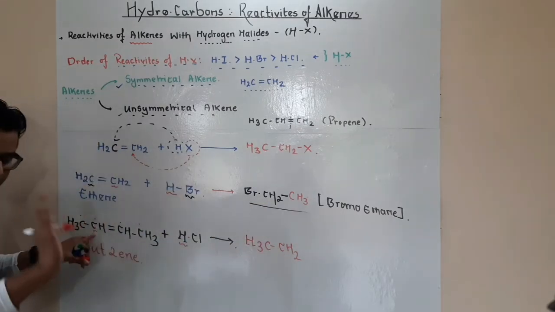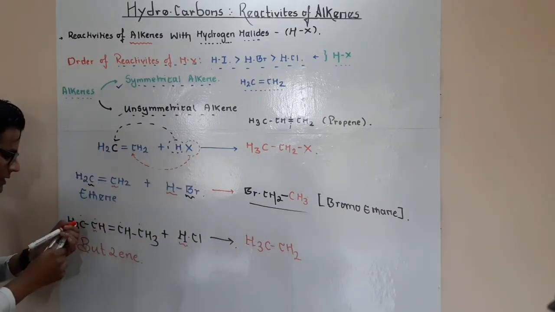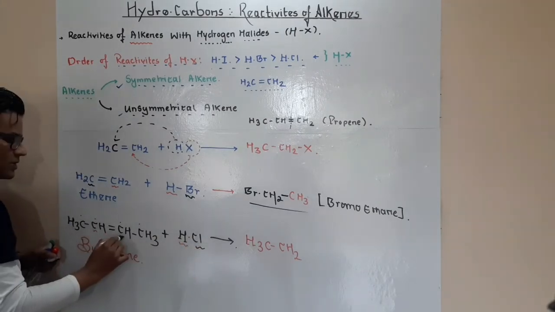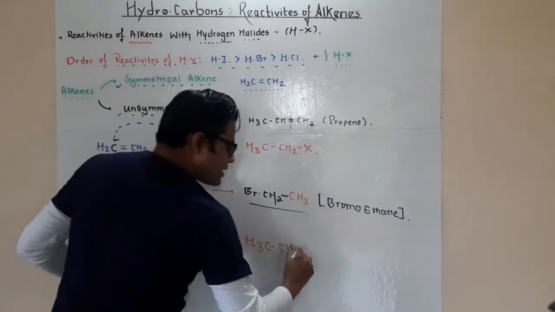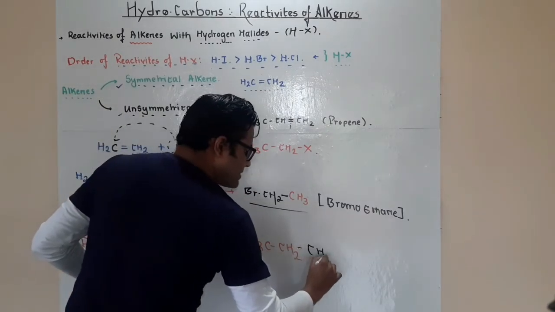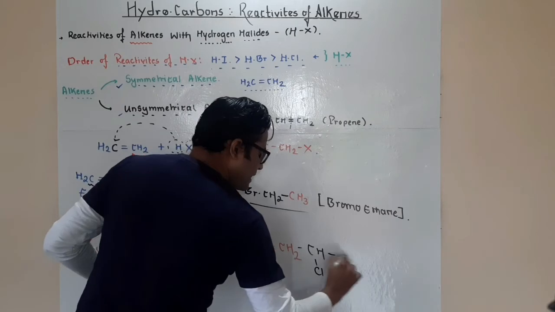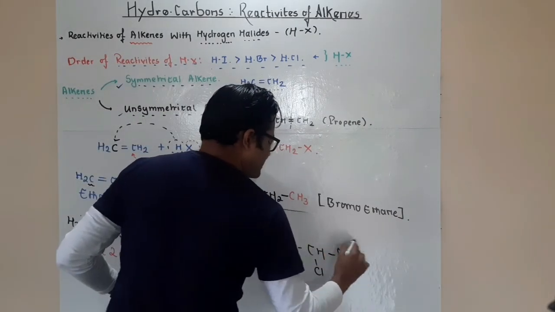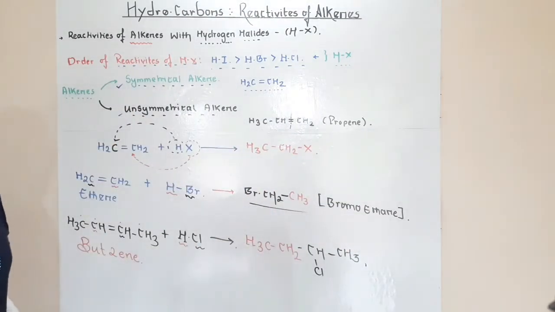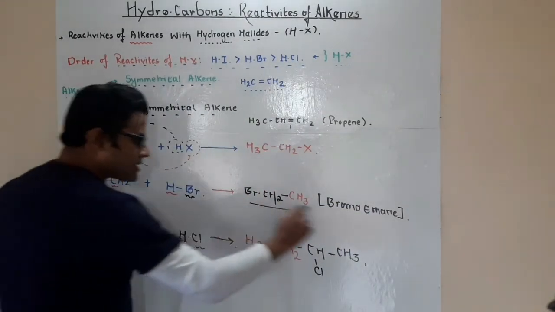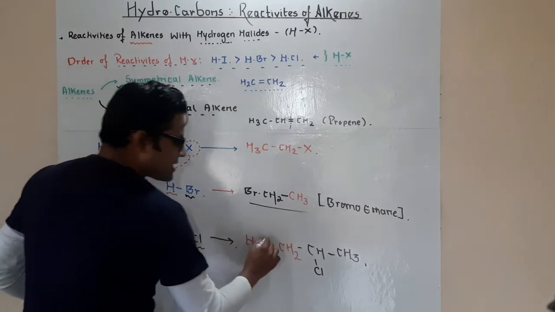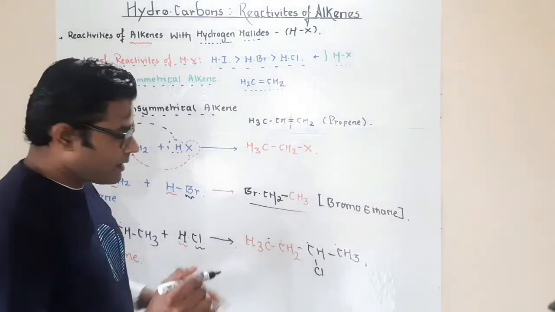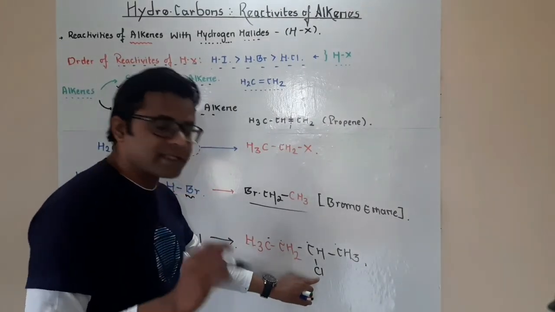Then let's say the chlorine gets attached to this other carbon, so we have CHCl and CH3. This has 1, 2, 3, 4 carbons, and at position number 2 there is a chlorine.